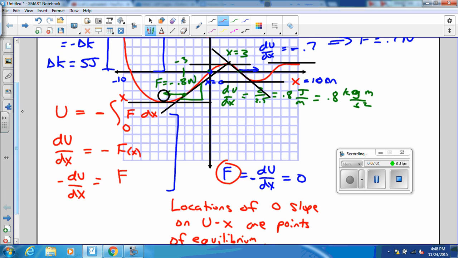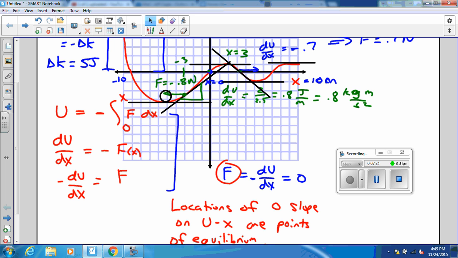We can actually classify these points of equilibrium a little bit according to their behavior. If you take a look at my object that is rolling around right here, if I were to displace the object from its point of equilibrium up here, we now experience a force pushing it in this direction, back towards the point of equilibrium. But if I were to displace it over here, it would experience a force pushing it in the positive direction, back towards the point of equilibrium.